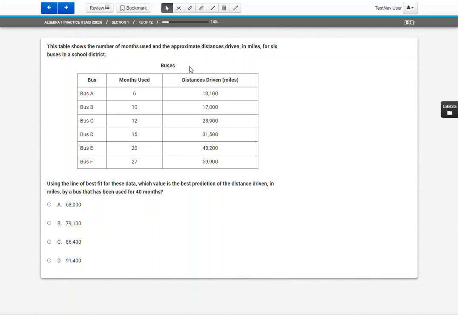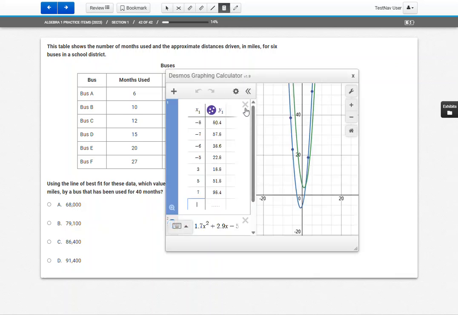The table shows the number of months used and the approximate distance driven in miles for 6 school buses in the district using the line of best fit. Okay, so this is a linear.